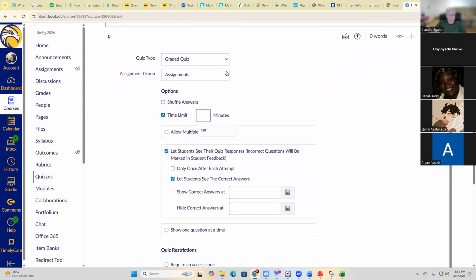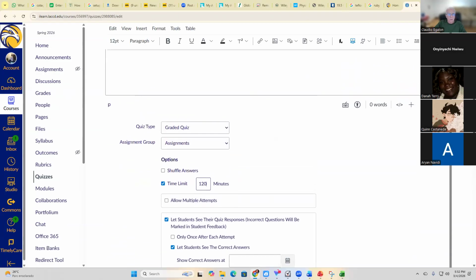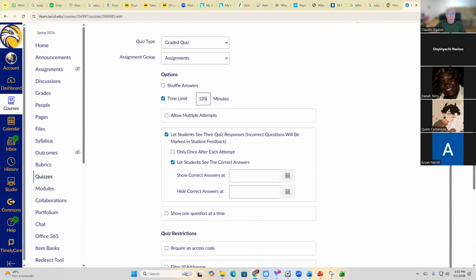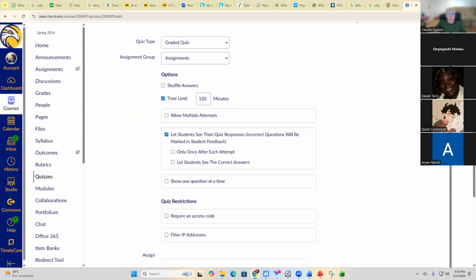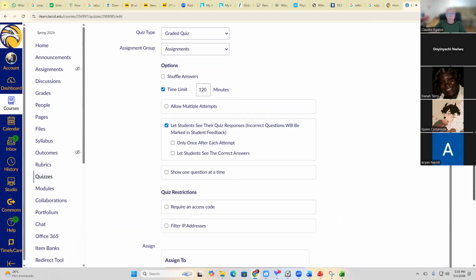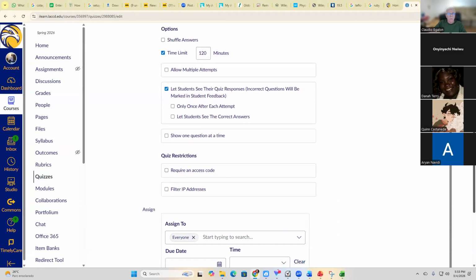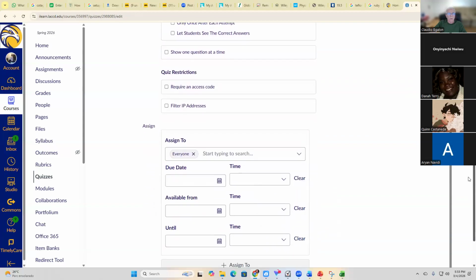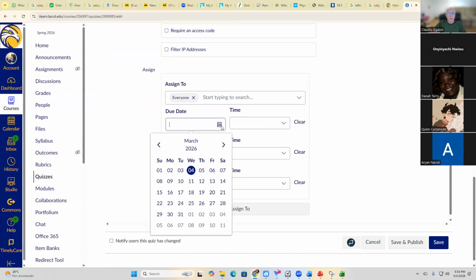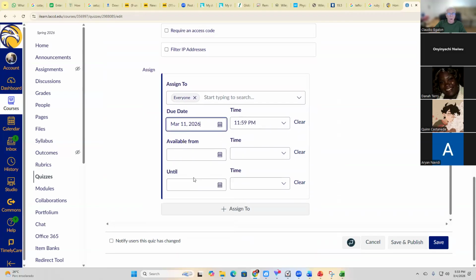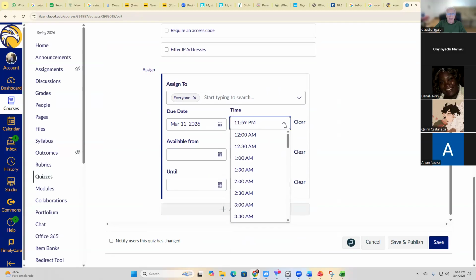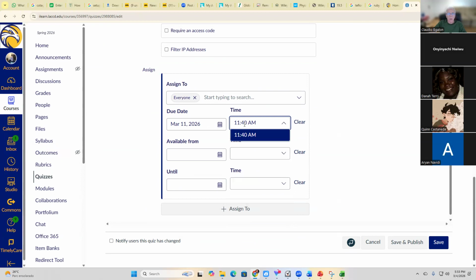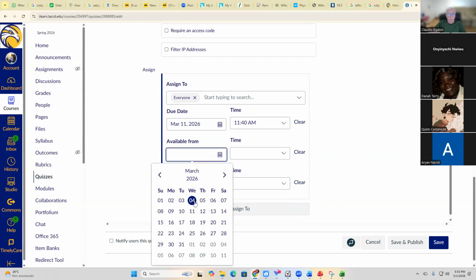Time limit is going to be 120 minutes. Require. Okay, the due date is going to be the 11th. What time? It's going to be 11:40, right? 11:40 a.m. Available from May 11, 9:40.